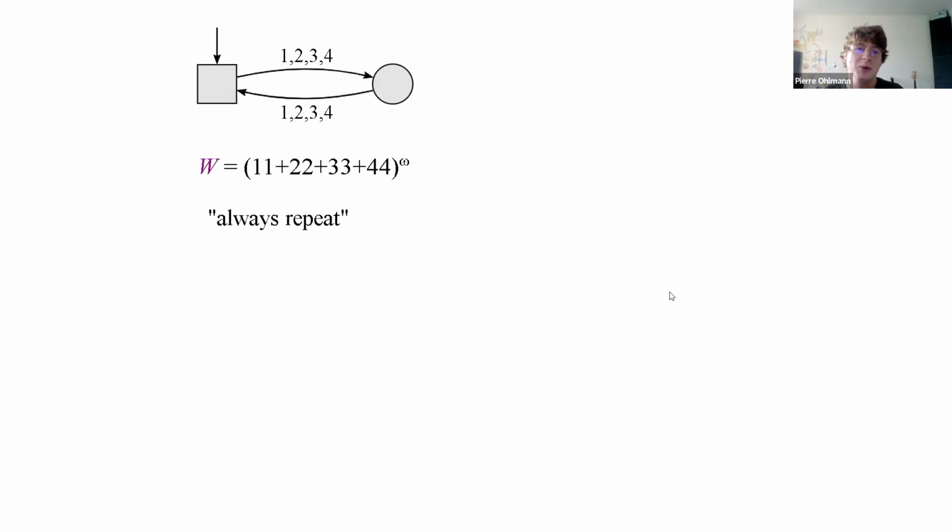So here's a simple one. How does the game go? First, we start here. Then the opponent can choose a number between 1 and 4, and then we can answer a number between 1 and 4. Okay, and then we start again. And the objective is this expression that means that we should always repeat. This is a set of sequences where every odd position is followed by an even position that has the same label.